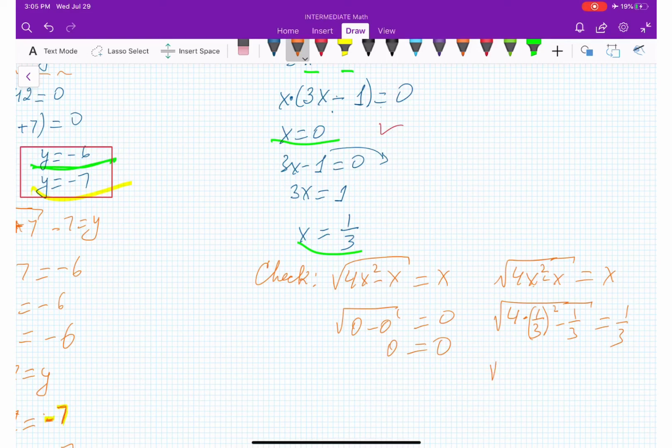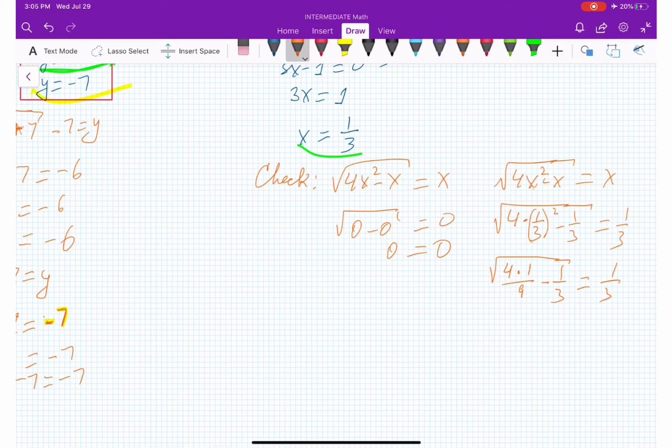So we get 1/3 squared will be 1/9, right? And 4 times 1/9 minus 1/3. I doubt seriously we will get answer, but let's finish it.